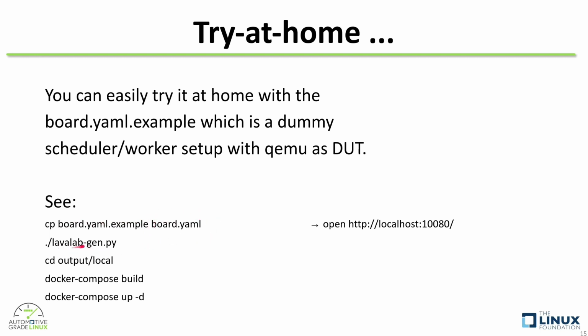You call lavalabgen.py, you cd into your output, and in the end you call docker compose build and docker compose up. The simplest setup comes just with a scheduler and a worker, and in the end you open this URL and your Lava is there.